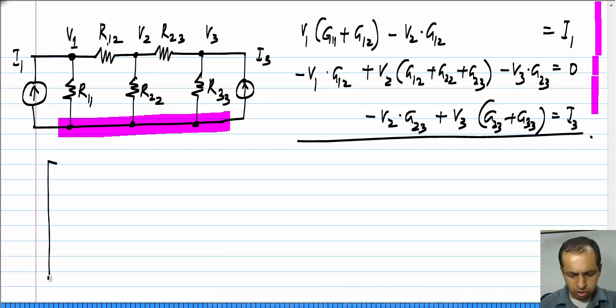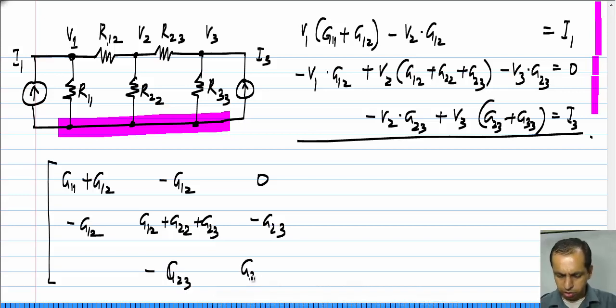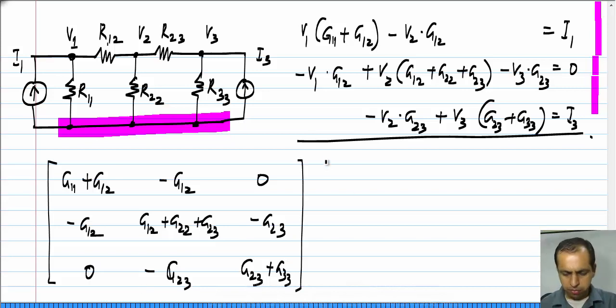So, what I do is I write this set of linear equations, as can be done for any set of linear equations, as a matrix: G11 plus G12, minus G12, 0; minus G12, G12 plus G22 plus G23, minus G23; and finally 0, minus G23, G23 plus G33. Okay.